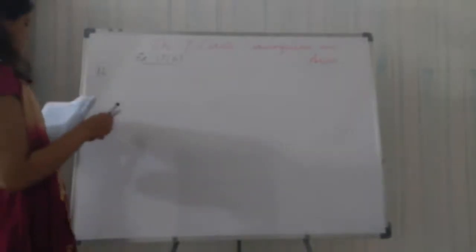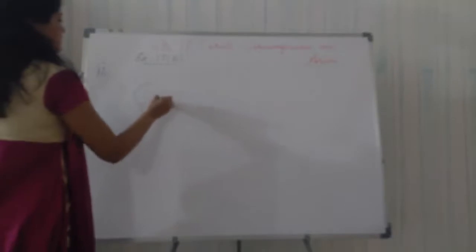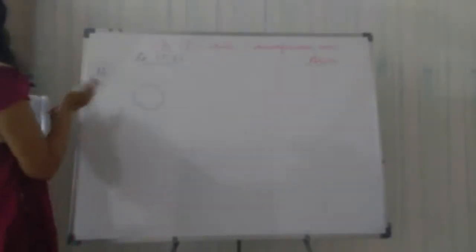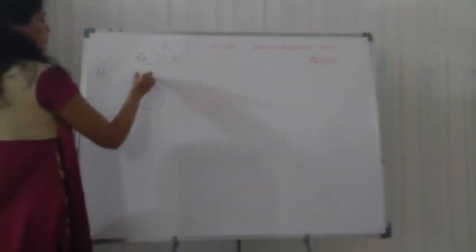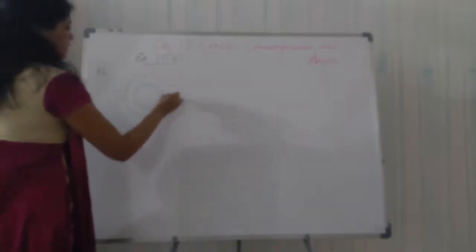Now taking question number 12. So in this question, students, a road 3.5 meter wide surrounds a circular plot. So here one circular plot is given to us like this, and around it there is a road. So here one road which is surrounding our circular field, or you can say plot.